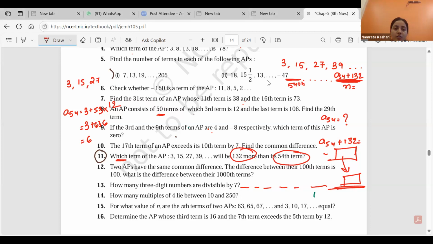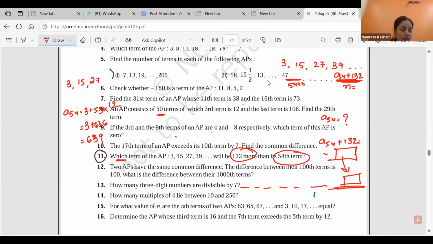Or am I making any mistake? 12 times 3 is 36, 6 carry 3, 12 times 5 is 60, 61, 62, 63. Ma'am, it will be 639. 636 plus 3 will be 639, right?